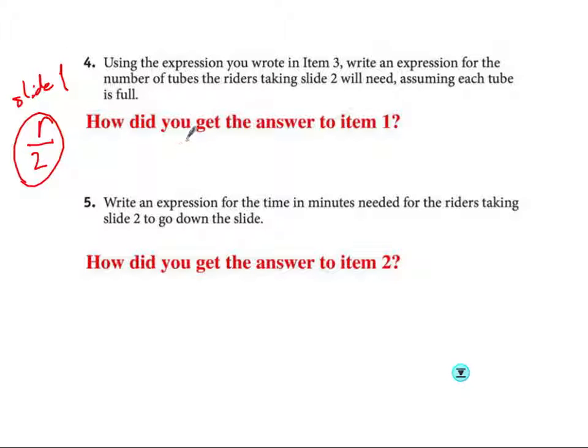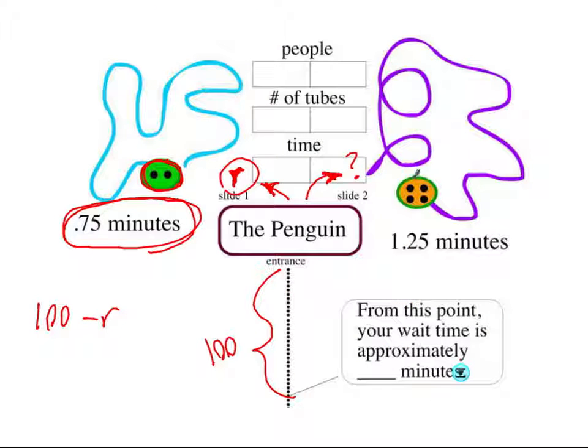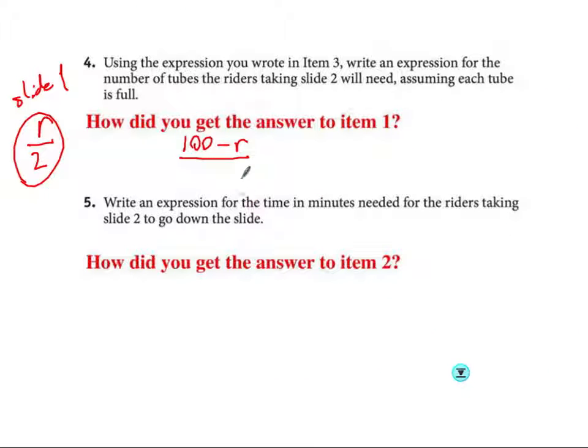Now for slide 2, we're going to take the number of people in slide 2, which is 100 minus R, and divide it by the number of people a single tube can hold, which in this case is 4 people. And this is basically the expression that we need.